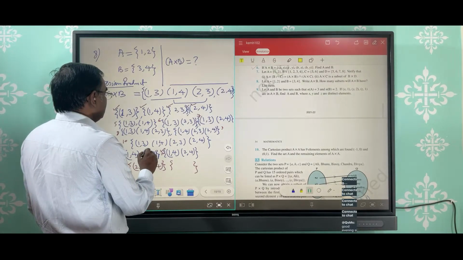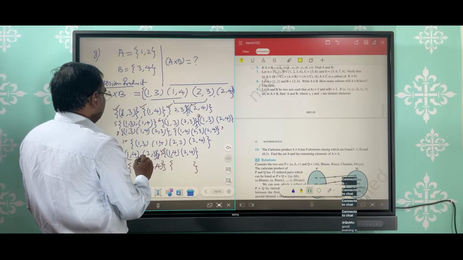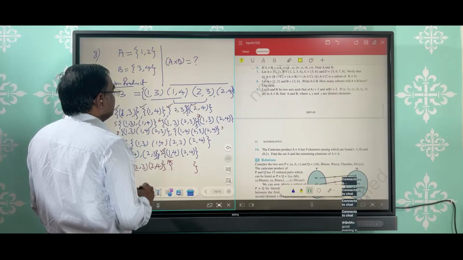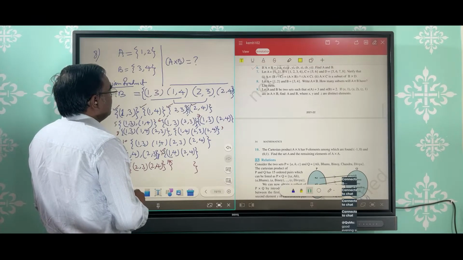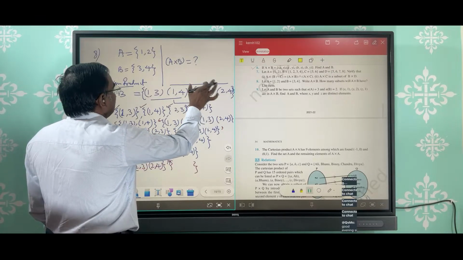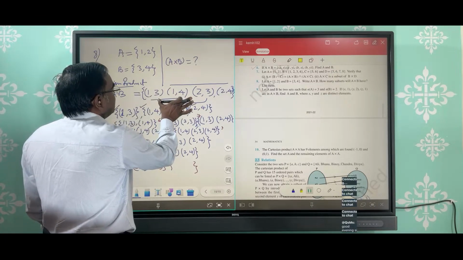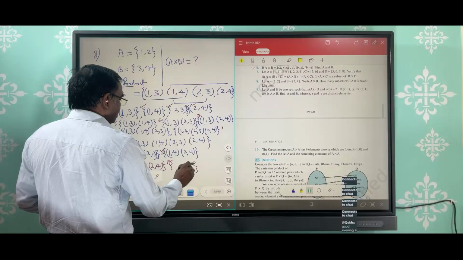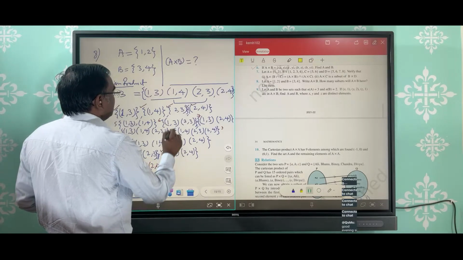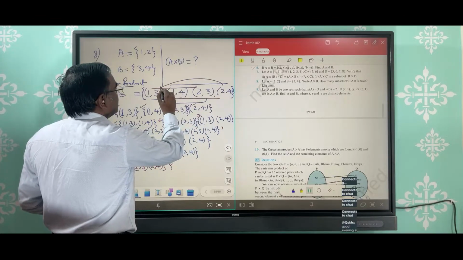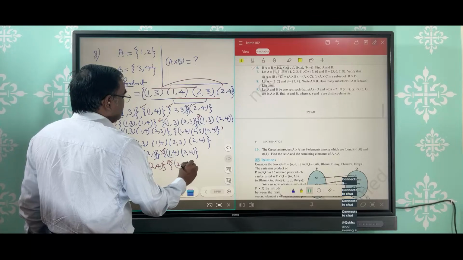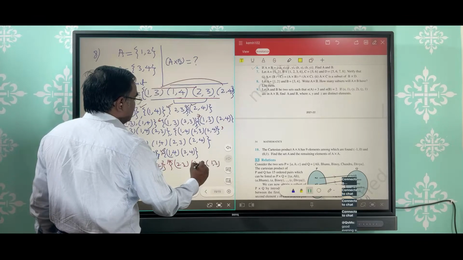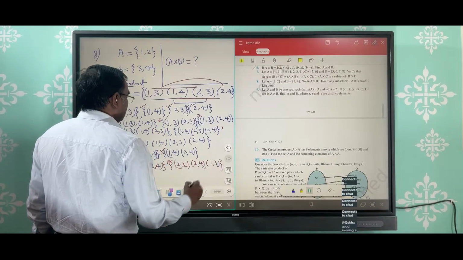And the master one is this one. Master means taking all the elements, so that will be the 14th.